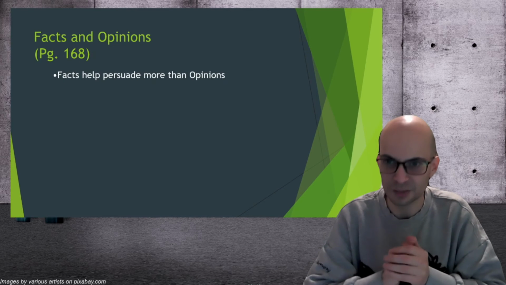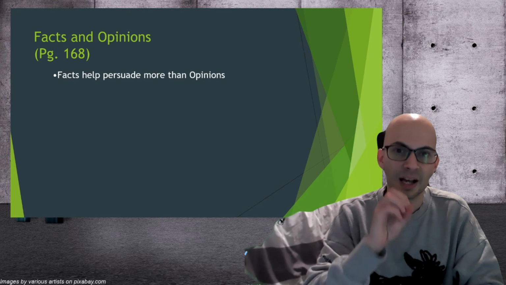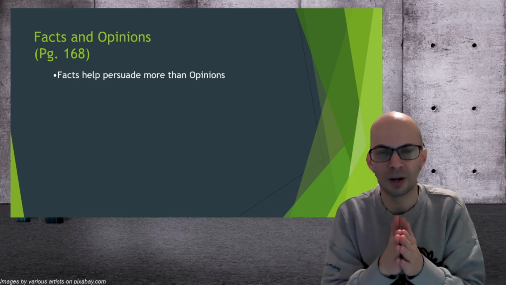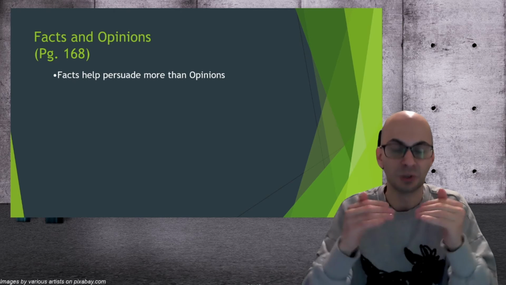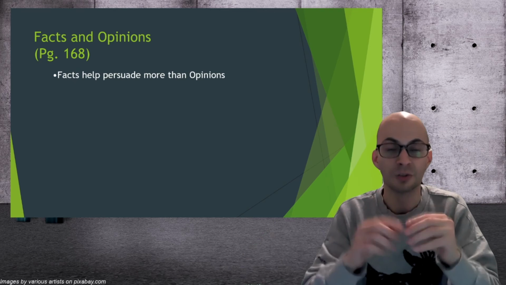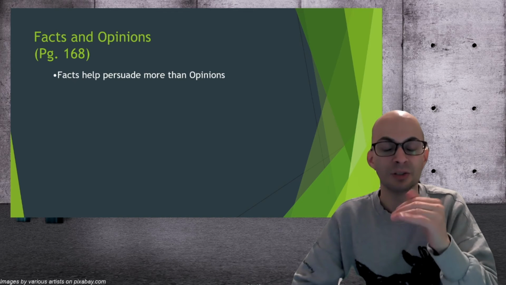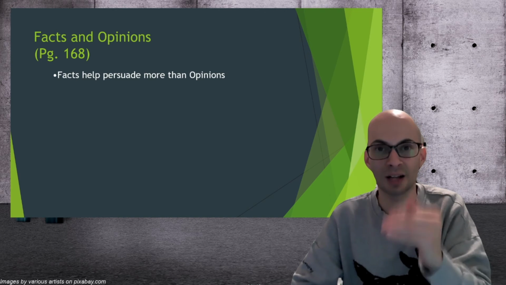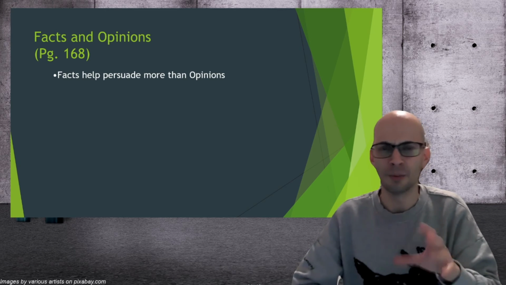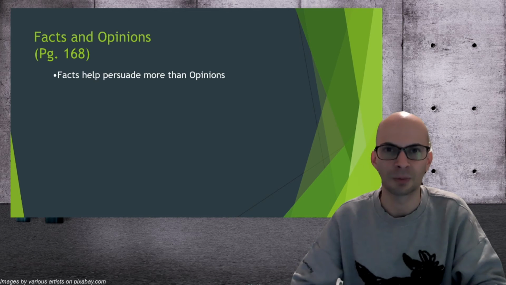Next page, facts and opinions. The whole point of this section is just that facts help persuade more than opinions. So as you're writing your paragraph, it can be very helpful to add in facts into your paragraph to support your topic sentence. It can even be more persuasive to cite where you got these facts. Encyclopedia Britannica, BBC, news network, right?